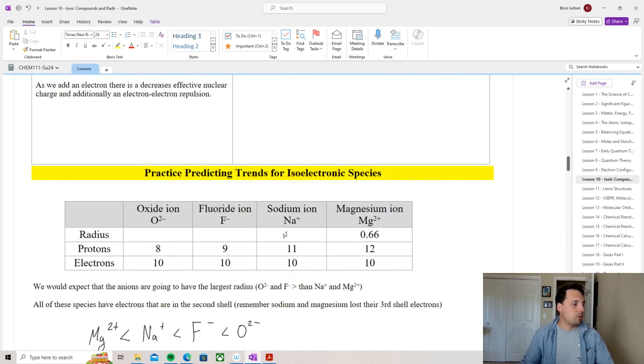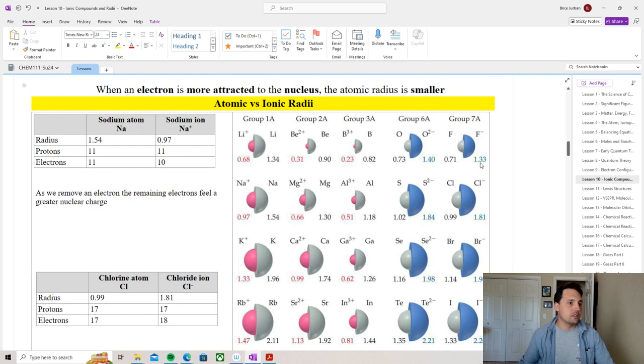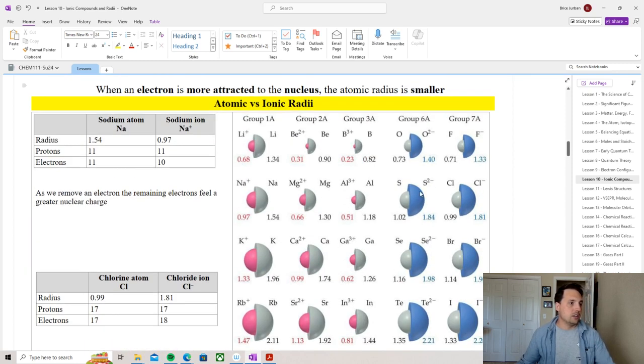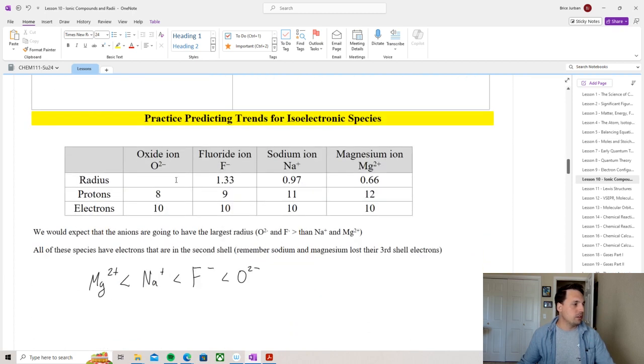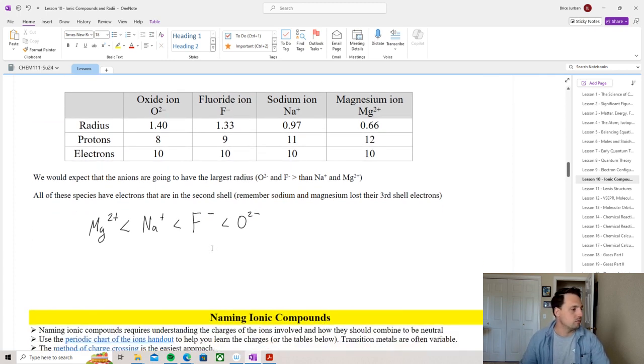Sodium is 0.97. Fluoride is 1.33. And oxygen is 1.40. So in fact, predicting that trend is easy to do, and it matches the experimental data. So that's a useful thing to know.